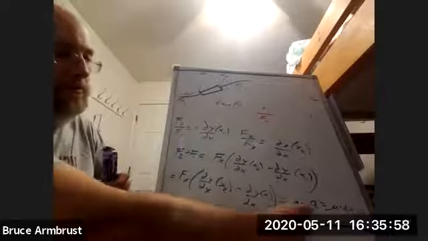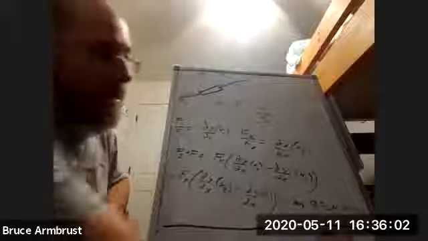Which then becomes mu times delta x times a.